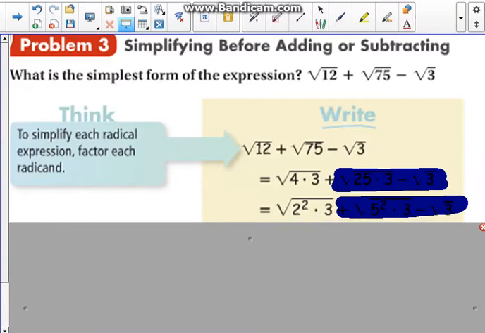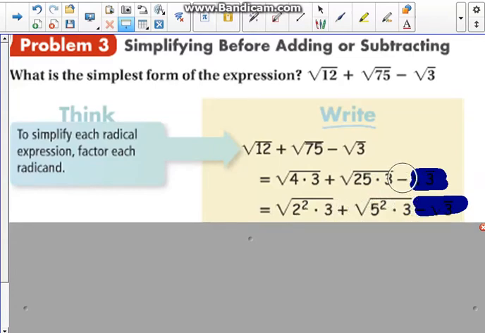So there's that. Now what about 75? Can we use a square factor in that? Well, yes, 25 times 3, correct? And we know that 25 is just 5 squared. And the subtraction of radical 3, there's not anything we can do with that. It just stays the same, just carry it down.